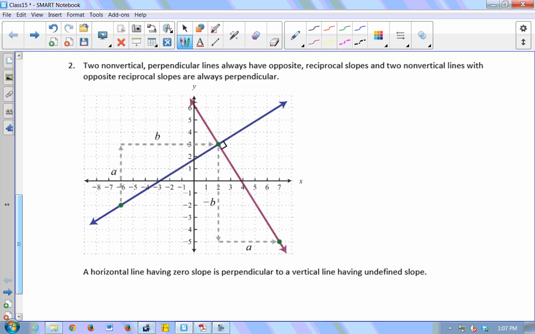So in this picture, the blue line has slope from this point to this point. We go up A and over B, right? So the slope of this blue line is A over B, rise over run.